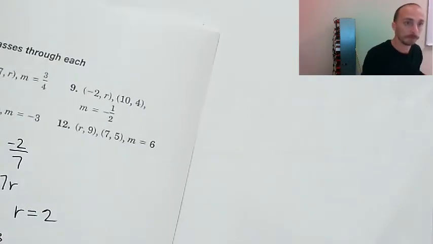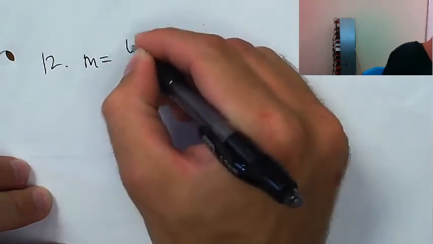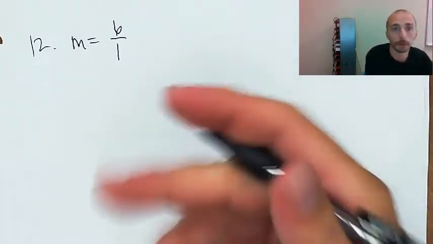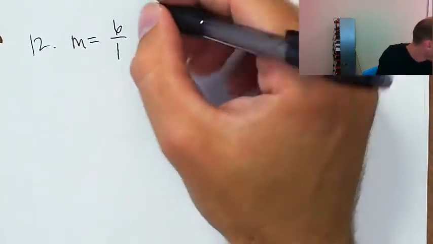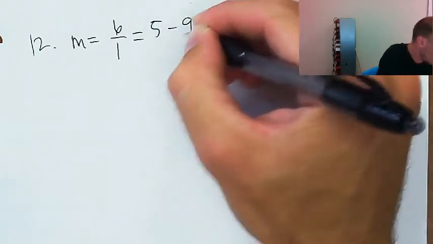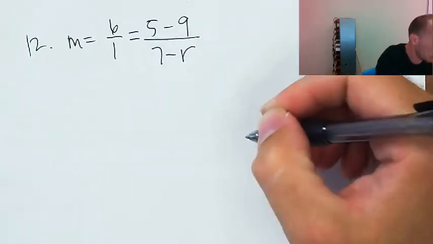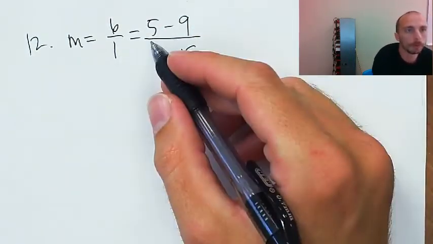Rn 9, 7 and 5, slope is 6. Slope equals 6, but because of the way these problems have been going, I'm going to set it up to be a proportion. And that's going to be rise over run, y2 minus y1 divided by x2 minus x1. Okay, and then we're going to cross multiply.